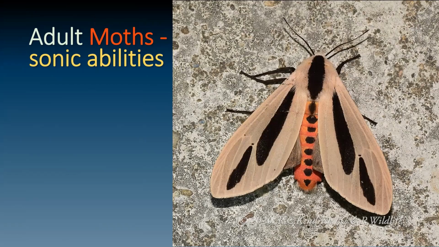And for the main families that we're interested in for this particular example, the Geometroidea, the Noctuoidea, the Pyraloidea, and the Drepanoidea, that's the hook tips, the loopers, the owlet moths, and the grass moths, all evolved something like 90 to 75 million years ago, which is millions of years before echolocating bats evolved.